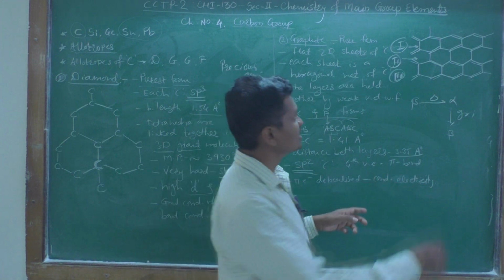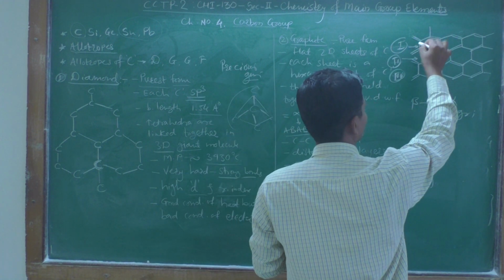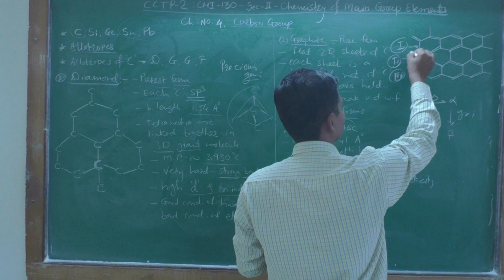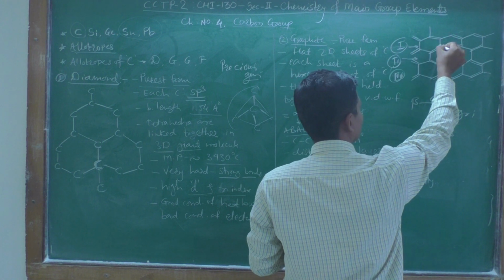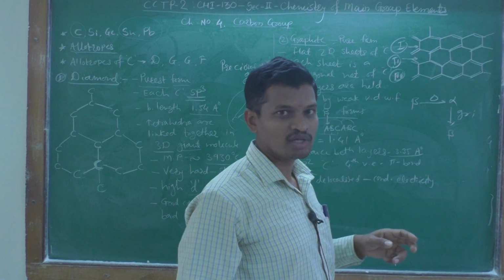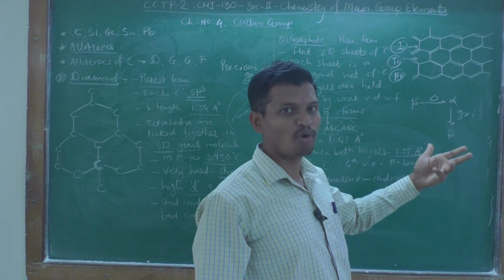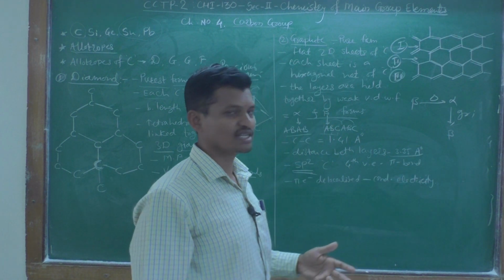On each carbon atom there is a fourth electron, which forms a pi bond with the adjacent carbon atoms.